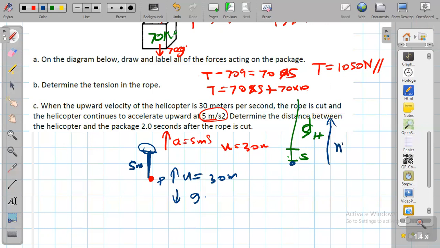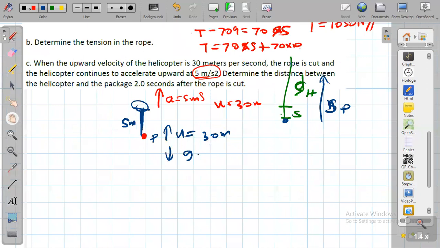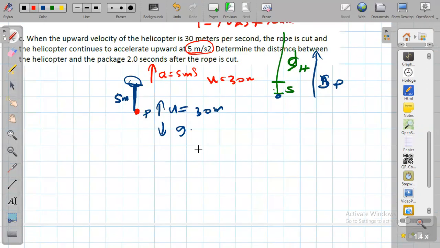Now your distance is going to be the difference: s helicopter plus 5 minus the distance of the package. This is how you get the result.